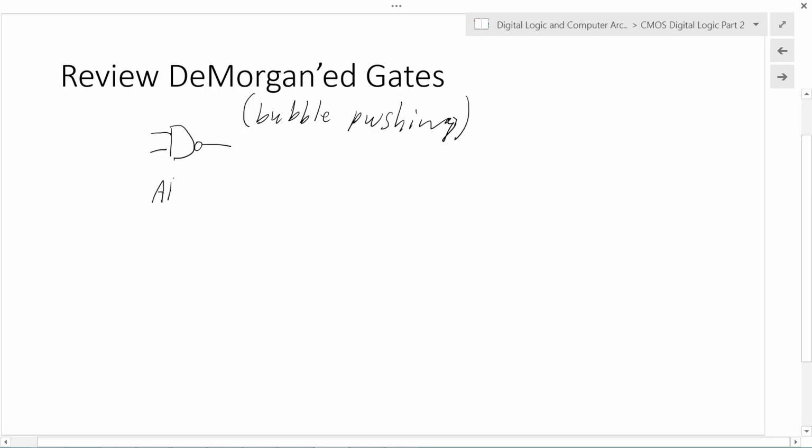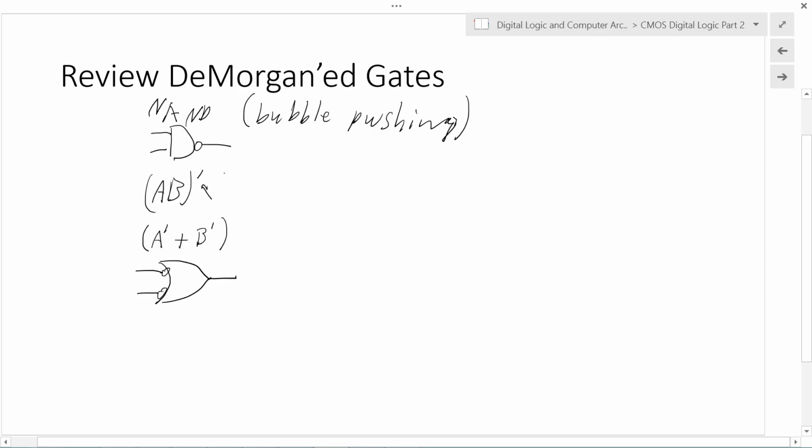So this is (AB) prime. Let's distribute this prime. Remember, the prime converts AND to OR and OR to AND when we distribute it. So A prime or B prime. If we were to draw this gate, we could do this, and we'd have bubbles on the input now. So this is for a NAND gate here.